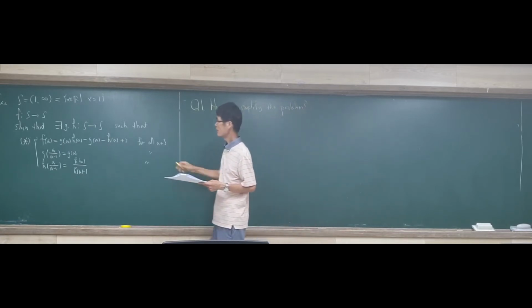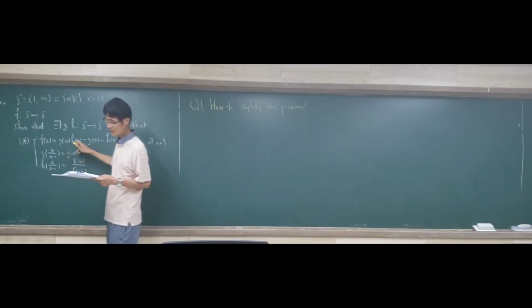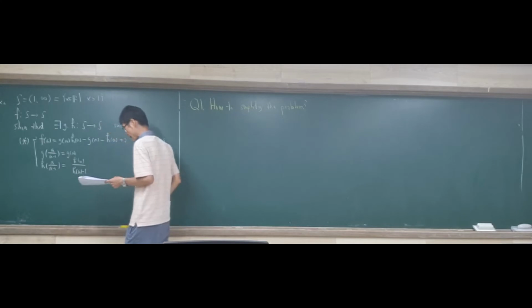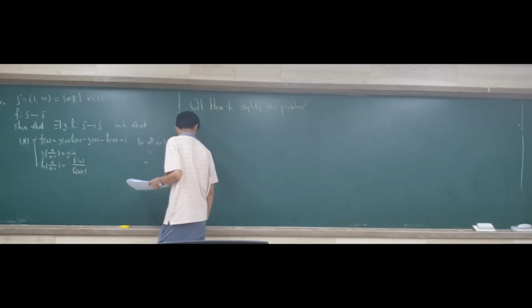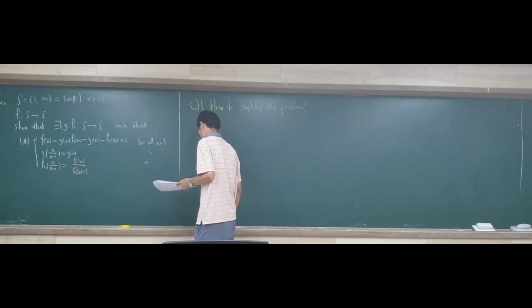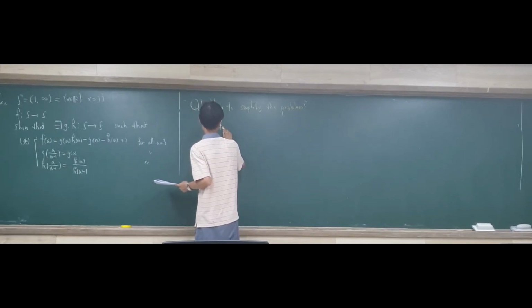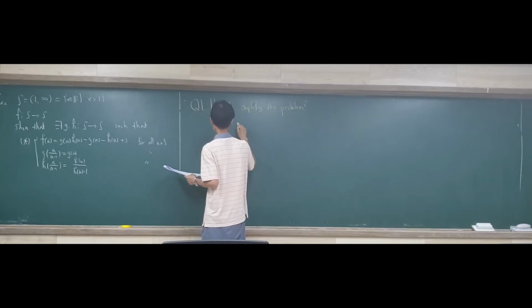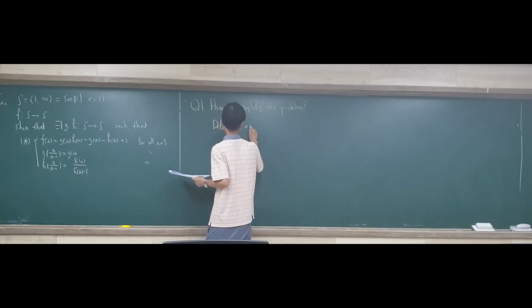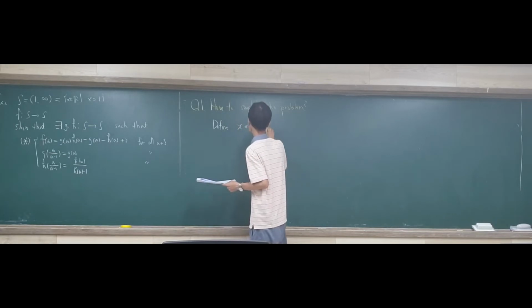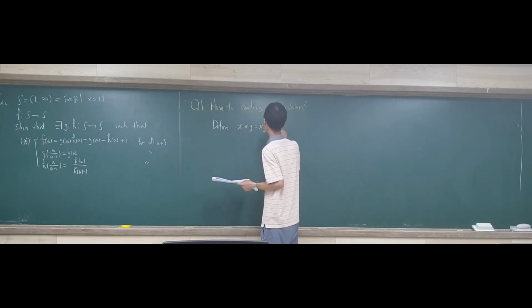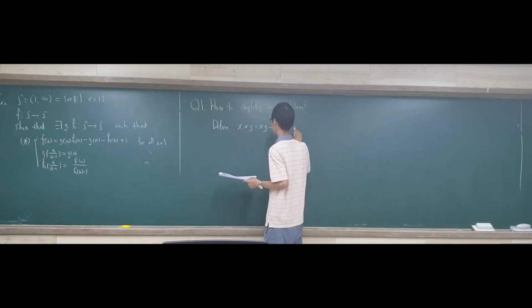So this equation seems to be a little bit complicated, and so the first step, we define a new operation. Define x star y to be the multiplication of x and y minus x minus y plus 2.